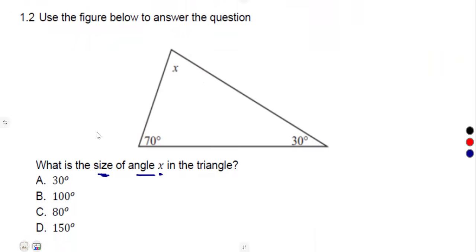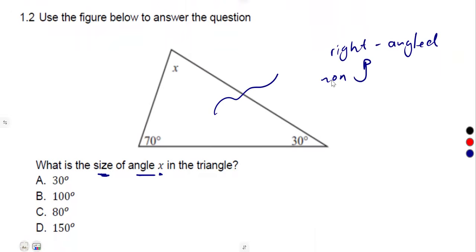So we do understand that as long as we are given a triangle, whether it is a right-angled triangle or a non-right-angled triangle, whatever type you are given, whether an isosceles, a scalene, whatever triangle, the sum of interior angles does not change. They add up to 180 degrees for any type. So that is the case that we're going to simply use.